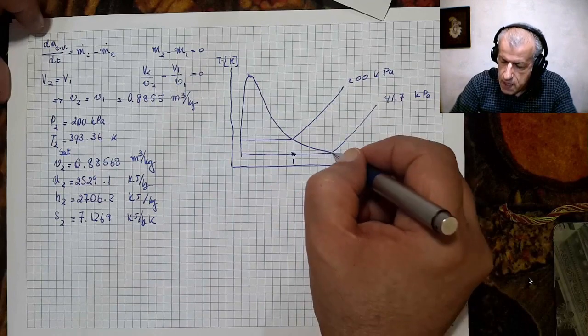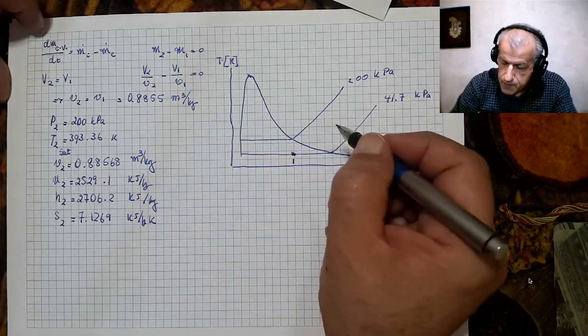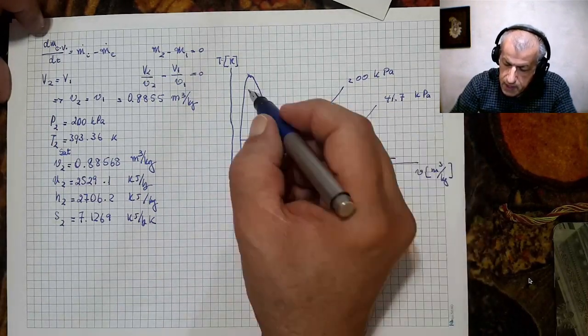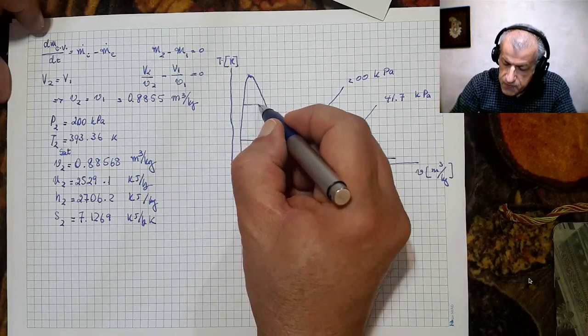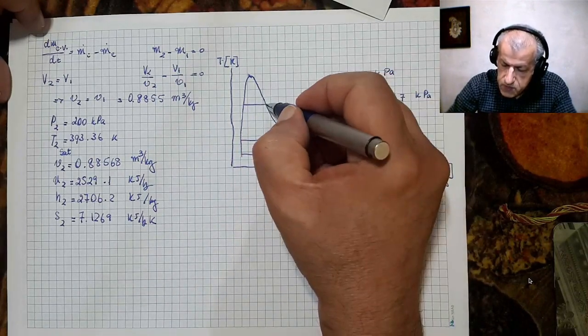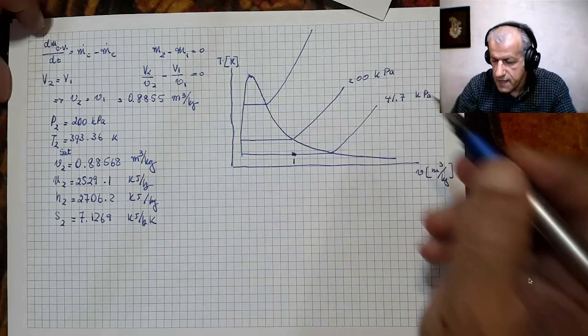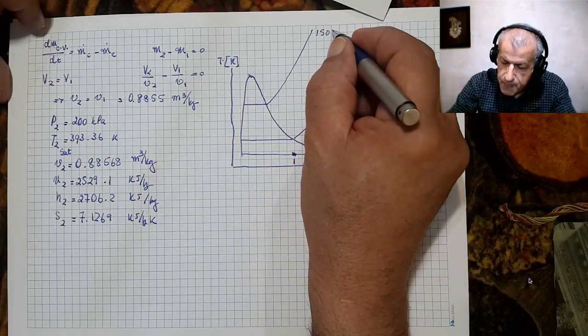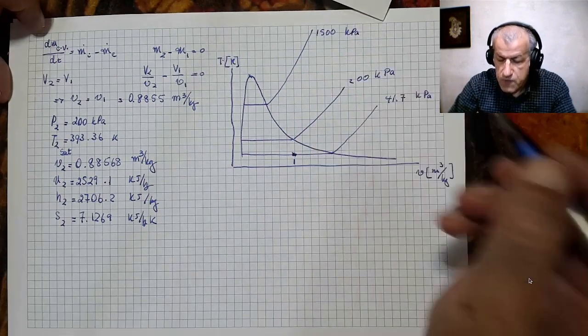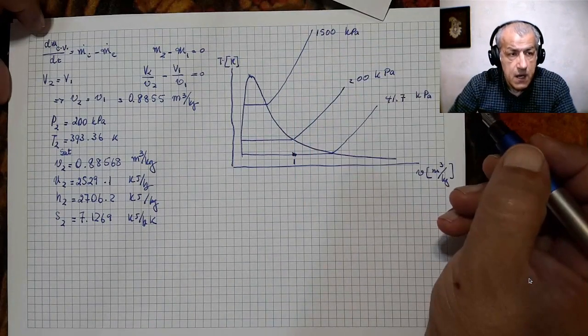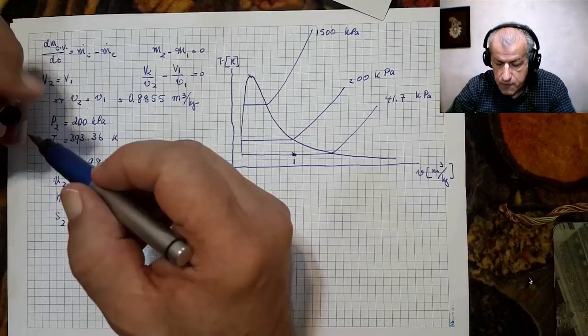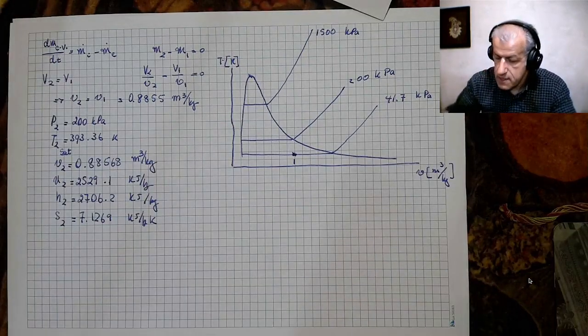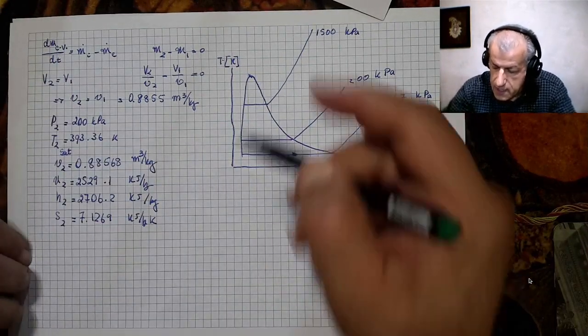So these are our points, and at some point, 1500 kilopascals, which would be somewhere here, the piston would start to lift. And our process, as I mentioned, is like this.